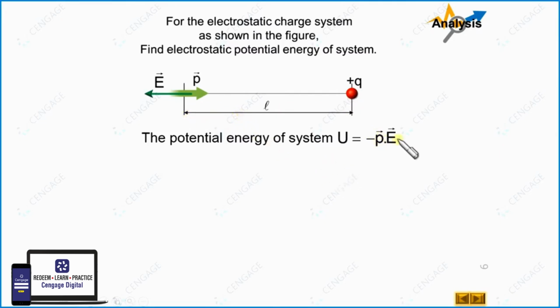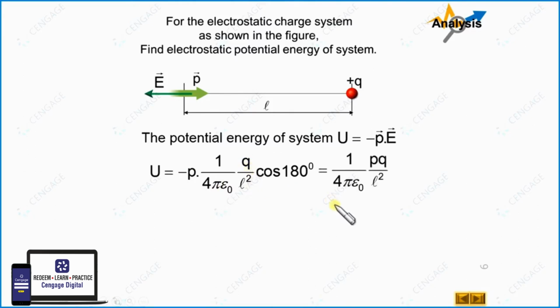So this dot product can be written as P multiplied by 1 upon 4 pi epsilon naught Q divided by L square cos 180 degrees, and negative sign of course like this. Okay, and cos 180 degrees we know is equal to minus 1. That means minus will be positive, and this value will be equal to 1 upon 4 pi epsilon naught PQ divided by L square. Okay, let us move to the next illustration.